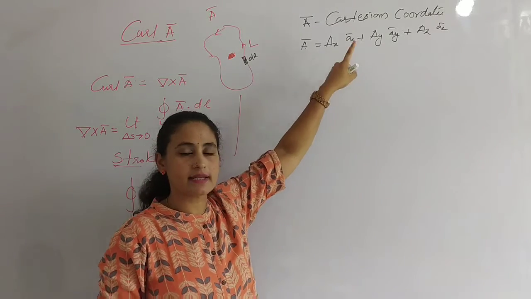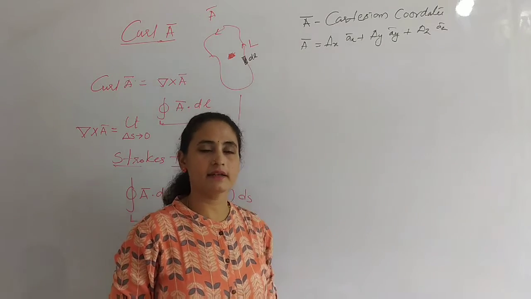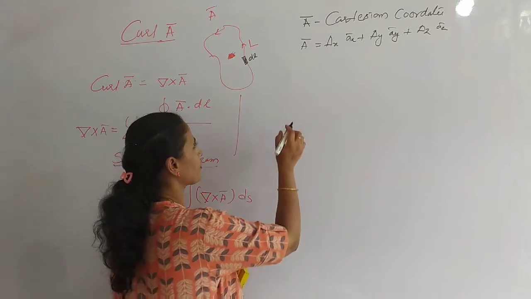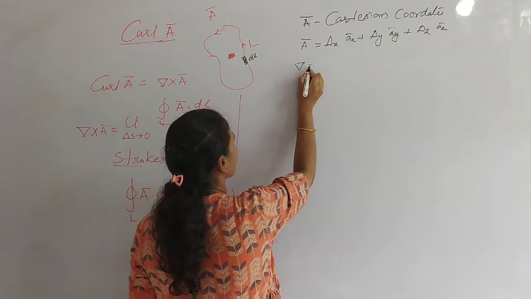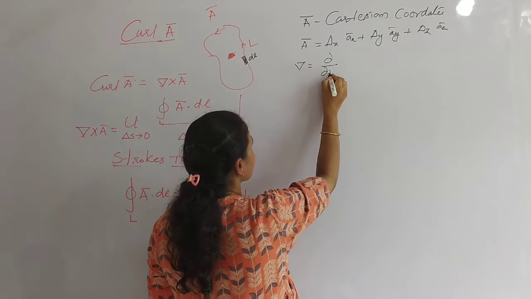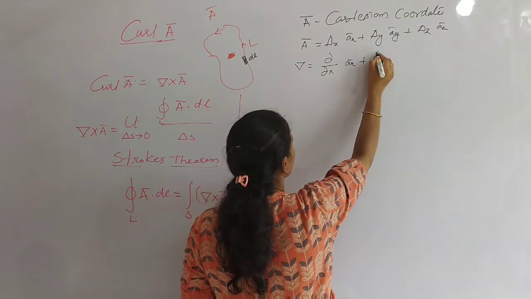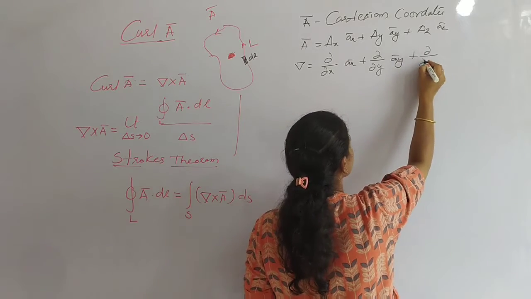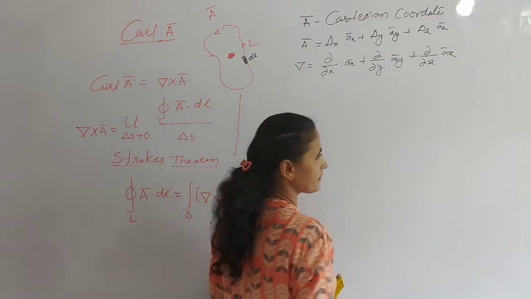Capital Ax, Ay and Az give the magnitudes along x, y and z. And del, you know, is defined as dou by dou x ax, dou by dou y ay plus dou by dou z az.